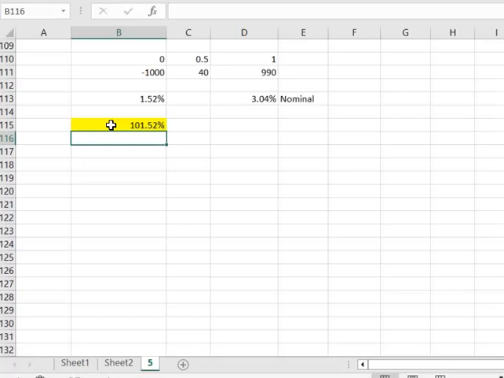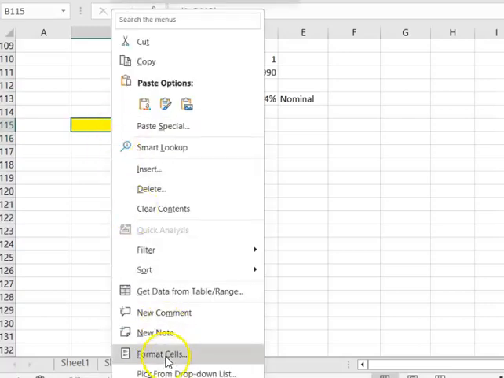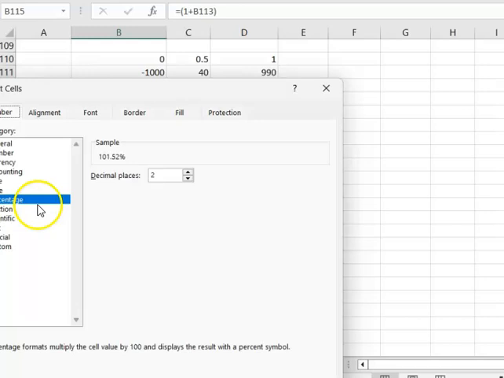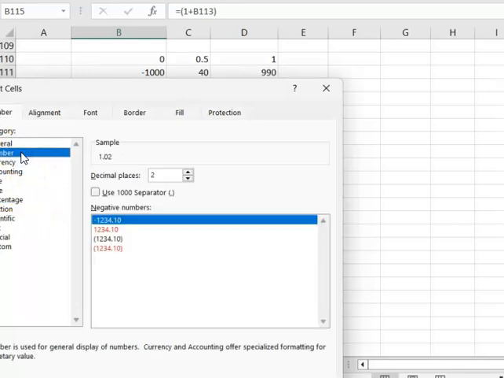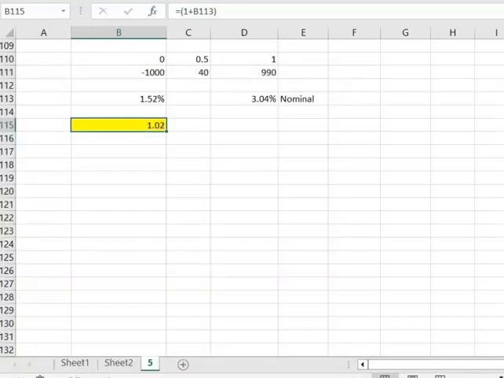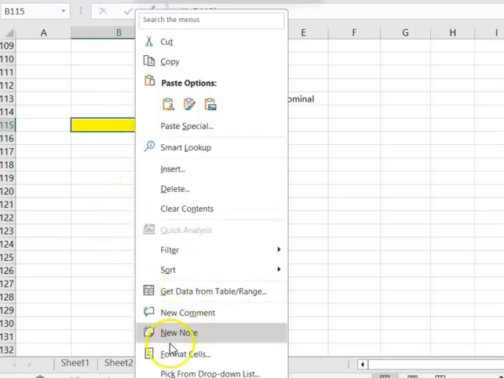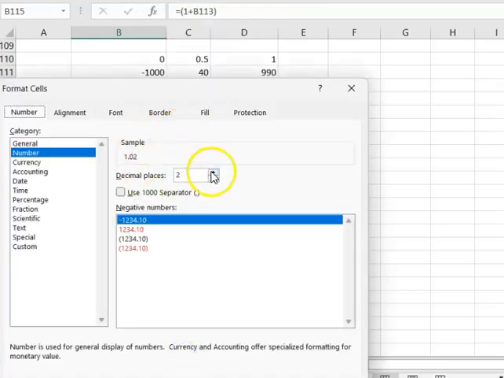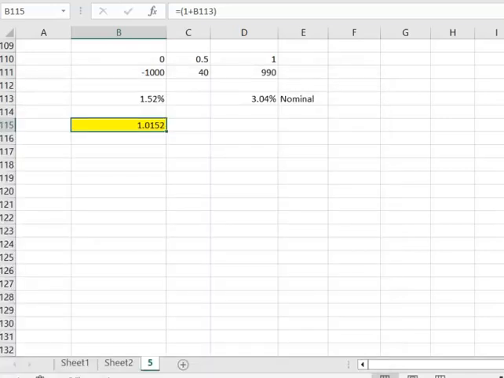I guess I'm overcomplicating this with the percentage, so let's make it a number. Okay, now it's better. So it means that after 6 months, our $1 becomes $1.0152.